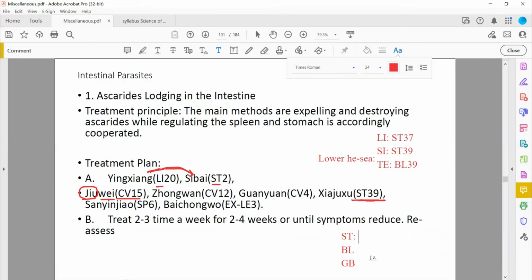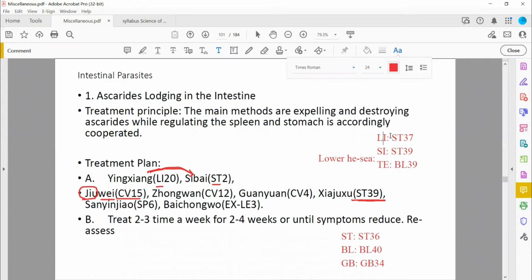This one, the He-Sea point equals the lower He-Sea point. So this will be ST36, BL40, GB34. That's the He-Sea point, and at the same time, they are the lower He-Sea point. So these He-Sea or lower He-Sea points go for the organs: stomach, bladder, gallbladder.